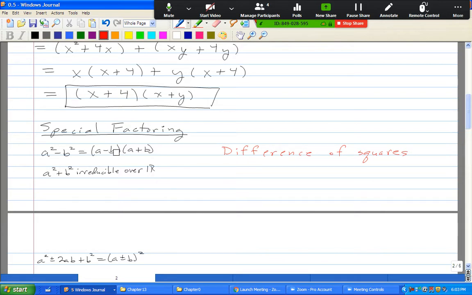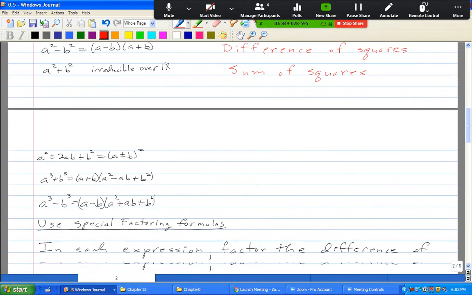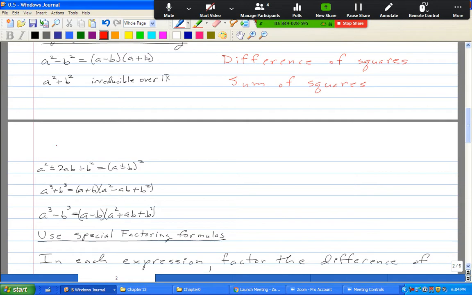Next, note that the sum of squares is irreducible over the reals. You can factor it over the complex numbers, but as far as factoring over the reals, you can't do that. And so this is the sum of squares. Next, I have the perfect square trinomial.